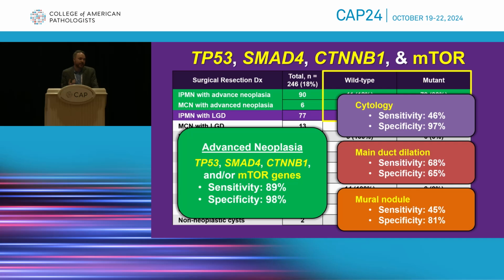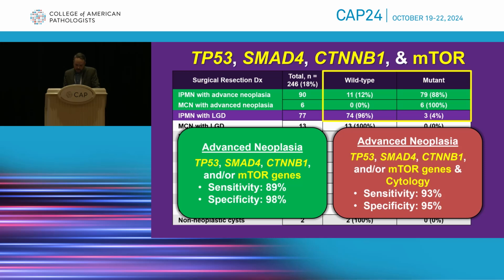I mean, if cytology thinks there's something that's high-grade dysplasia or cancer, usually it's correct. So specificity is very high at 97%, but sensitivity is not so great, 46%. If you look at imaging data, like is the main duct dilated, sensitivity is 68%, specificity 65%. Or if you look at imaging studies, is there a mural nodule, sensitivity is 45%, specificity is 81% for advanced neoplasia.